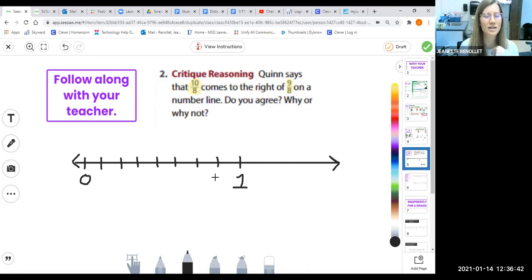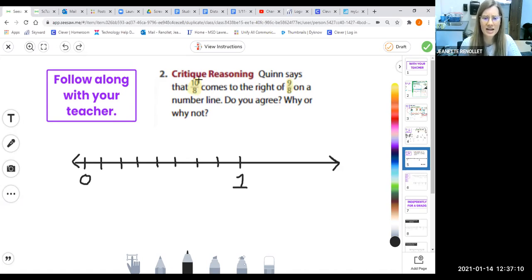Again, boys and girls, I'm going to check that I have 8 equal parts in my whole. I want to make sure I did it correctly. 1, 2, 3, 4, 5, 6, 7, 8 spaces. Perfect. We have 8 equal spaces. Now I can think more about what Quinn is saying.